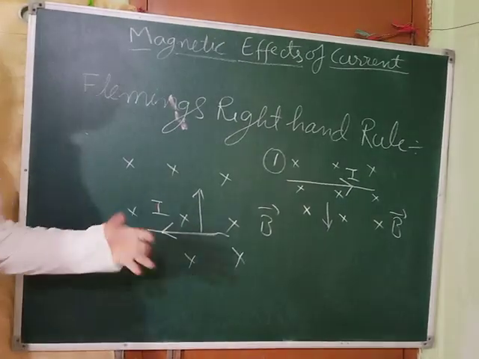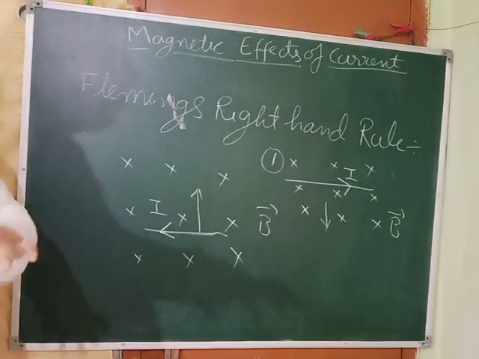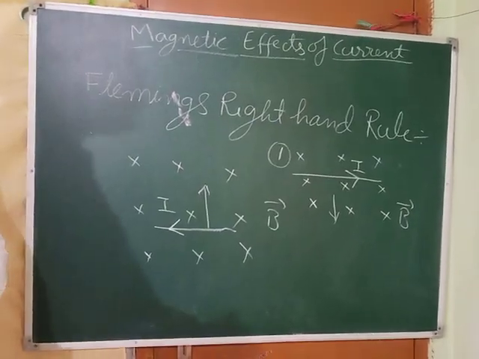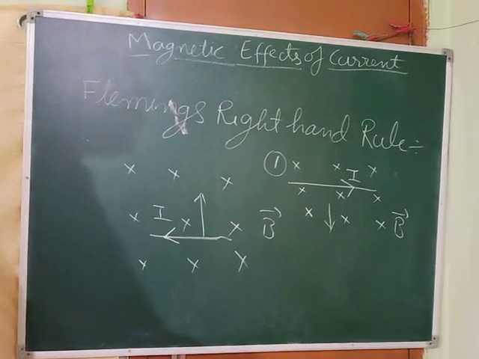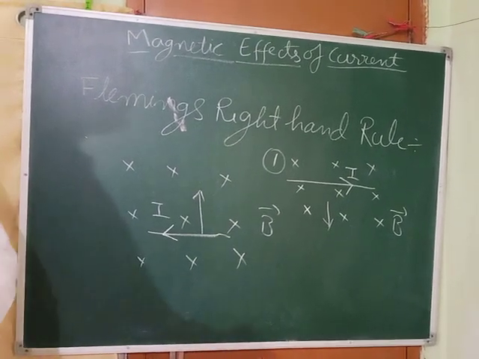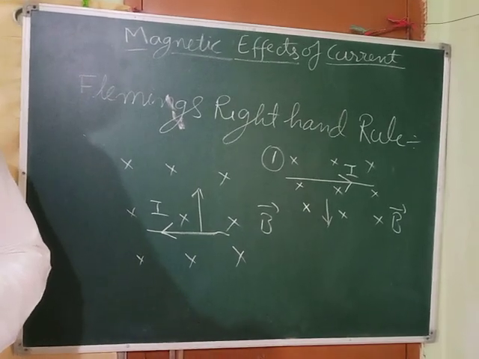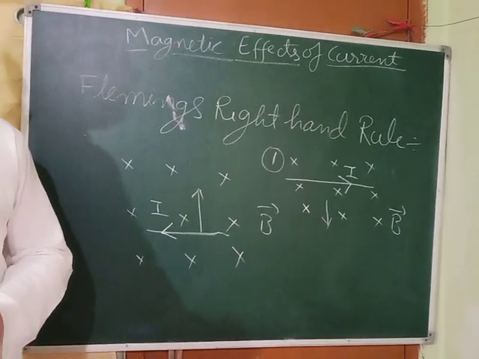In this way, we can find out the direction of induced current using Fleming's right hand rule. That's why this rule is given. It's very important, and these rules are asked every year in the board examination as well as in other examinations.